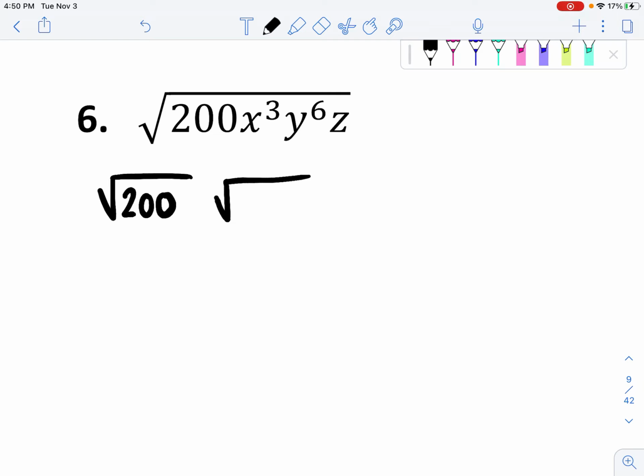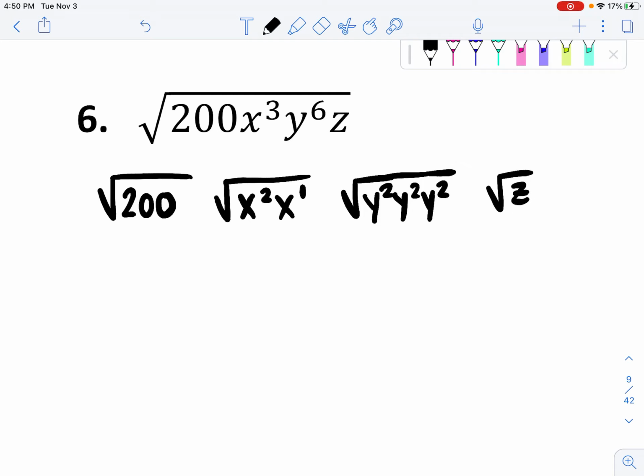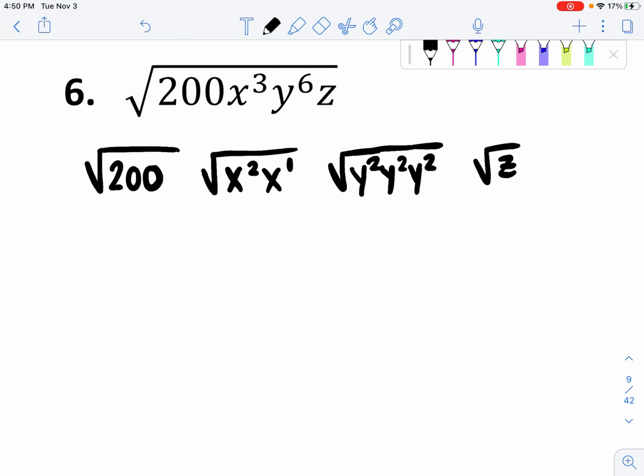This is the square root of x cubed, which I need to rewrite as x squared times x first, because I need even exponents, or more specifically 2. Then y to the 6th, that's already even. If you forget that rule, just make it all multiples of 2: 2 plus 2 plus 2 is 6. And then z, I can't change z. There's no exponent. It's an imaginary 1, which I can't break down, so that's going to be trapped forever.